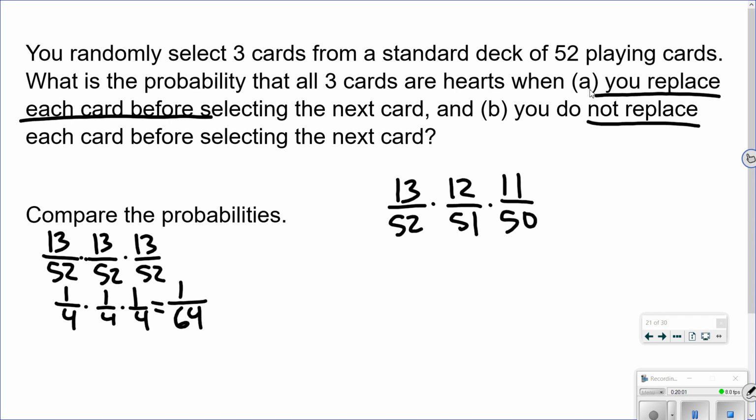Okay, let's do that. I'm just going to use a calculator for that. So I'm going to go 13/52 times 12/51 times 11/50.